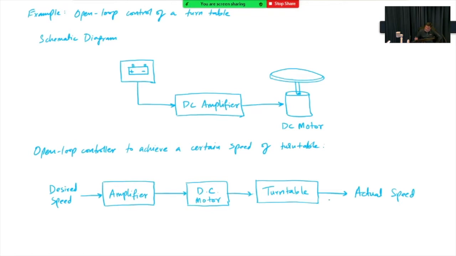So there is no feedback, right? So you don't know what the actual speed is, or whether that has been achieved or not. So it's just an open loop. You input a set of requirements, and what you achieve is the output, and there is no feedback.